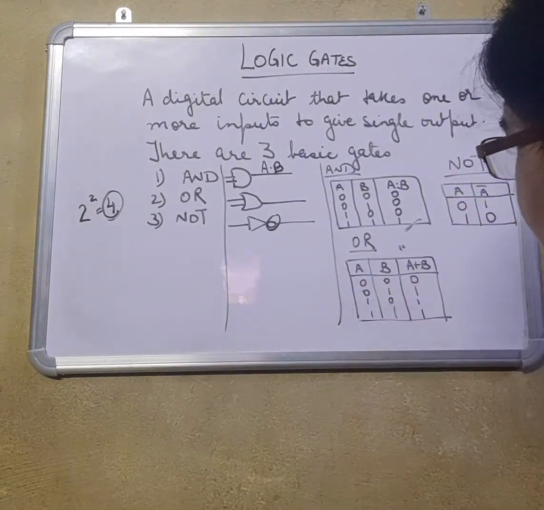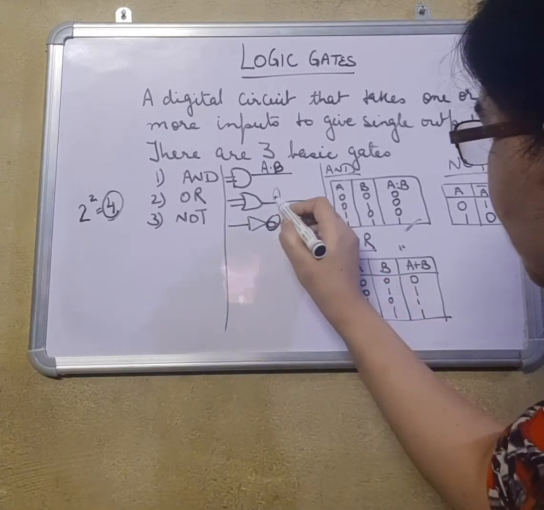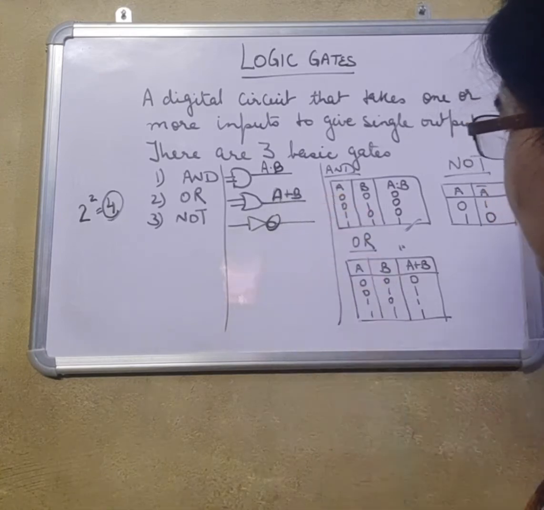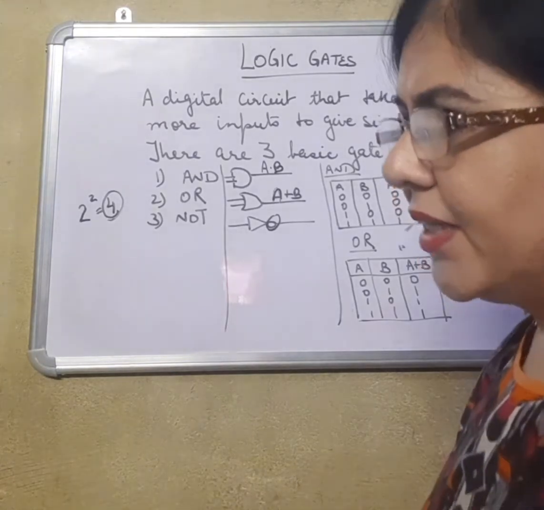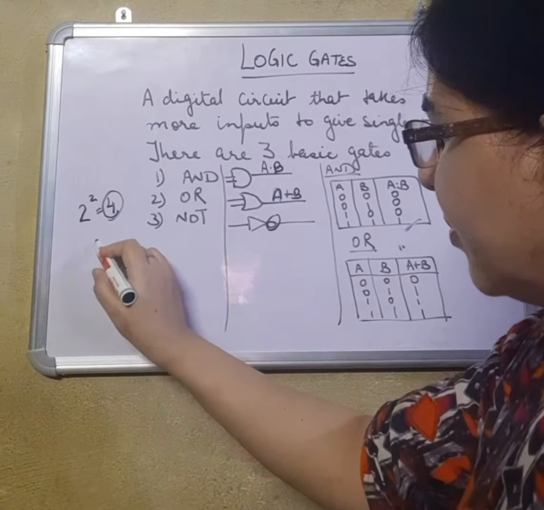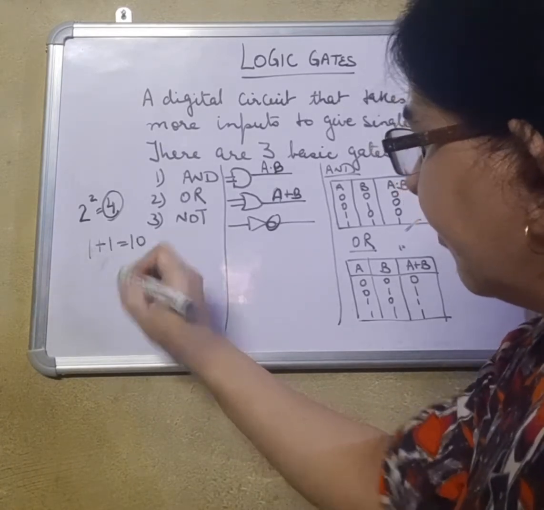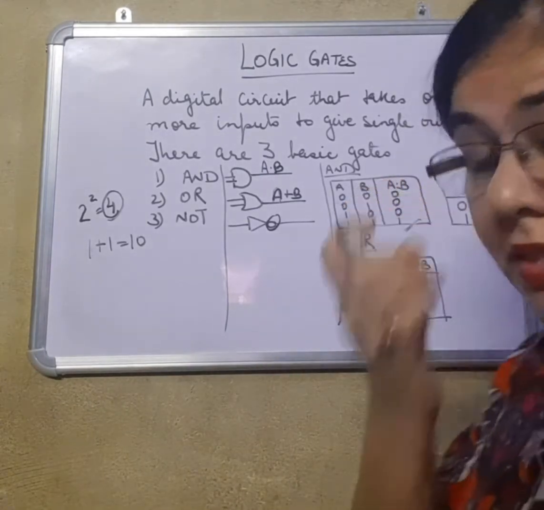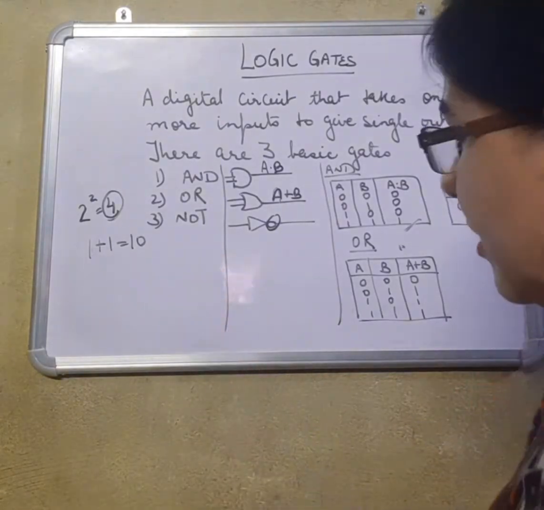Now let's see for OR gate. For OR gate the symbol is plus, A plus B. So plus doesn't mean just a simple addition where 1 plus 1 becomes 2. In Boolean algebra, 1 plus 1 becomes 10. But here, in our case, in gates, if both of them are 1, we get only a single output 1.